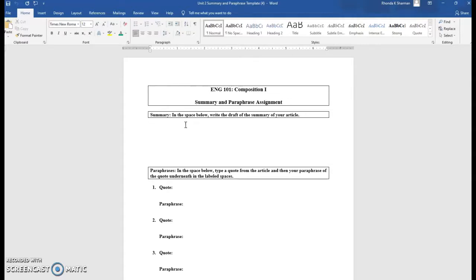Again, look at the materials about how to summarize. You will all start out by identifying what it is you're summarizing.